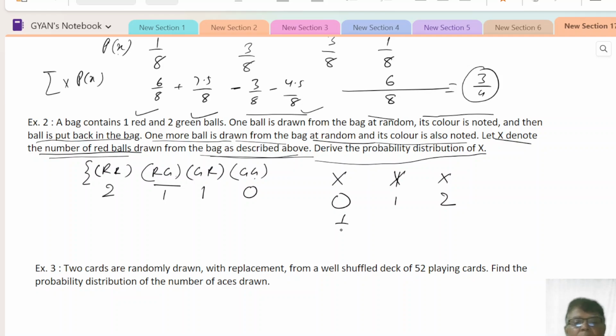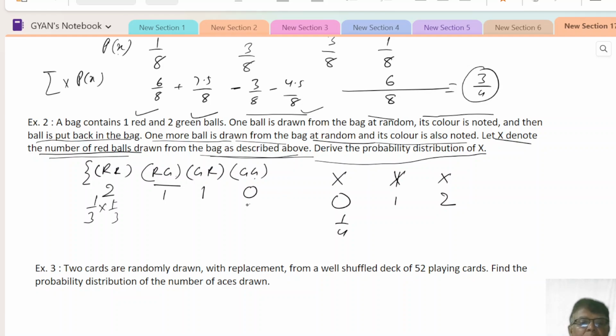The first probability is 1 by 3 into 1 by 3, that is 1 by 9.